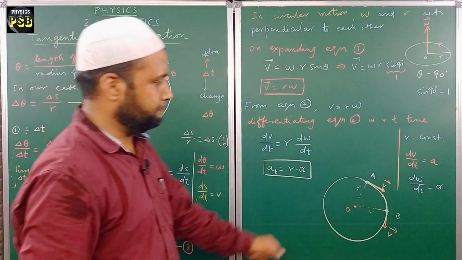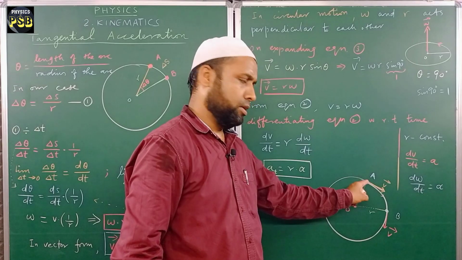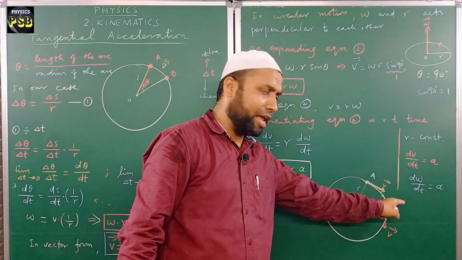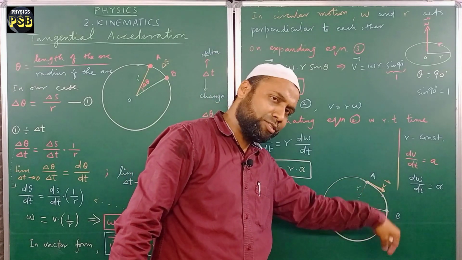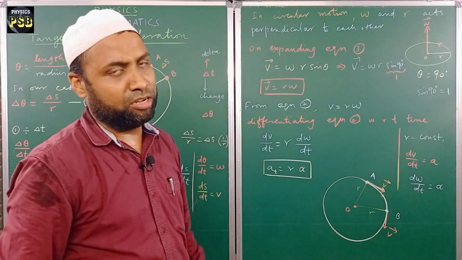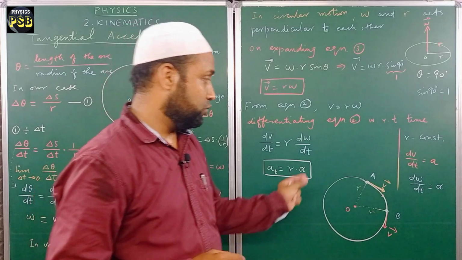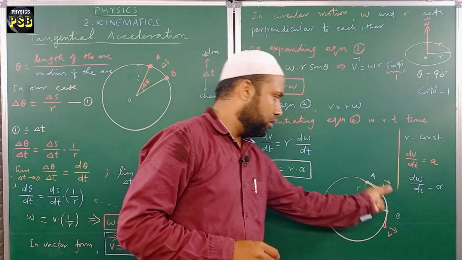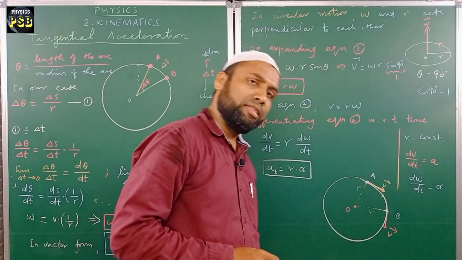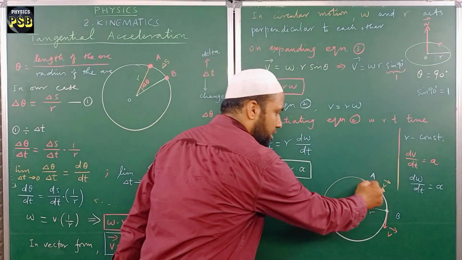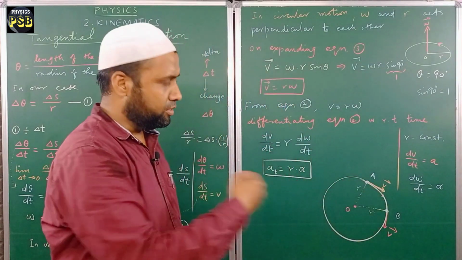Now you can see here the velocity vector is acting in this particular direction, where at point B it has changed its direction. So only the direction changes, but the magnitude remains same. That is why the orbit keeps rotating in the same track throughout its motion.